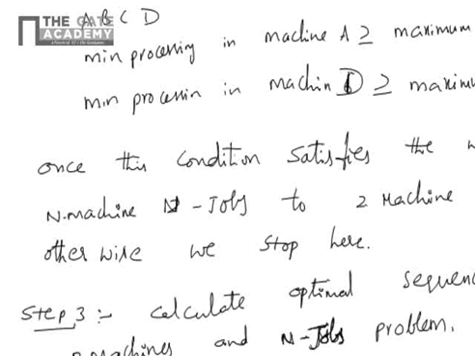You can directly calculate the optimal sequence and then go ahead with calculating the makespan time. These problems are very easy, but you need to practice. If you once practice, spend 15-20 minutes, then it will be clear.